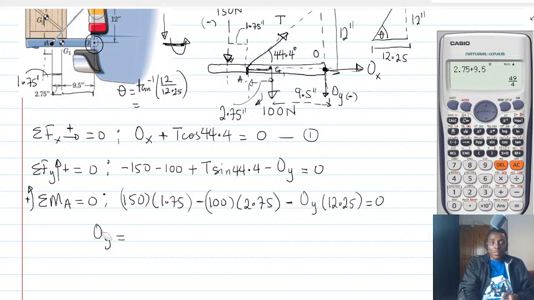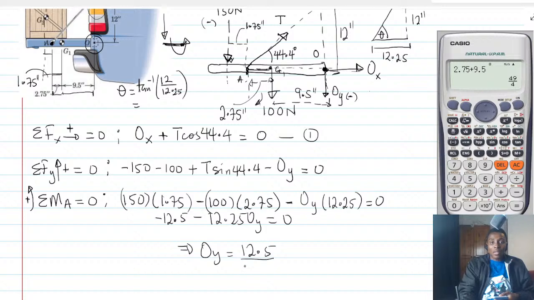Okay, let me do it this way. Let me take my time. So 150 multiplied by 1.75 minus 100 multiplied by 2.75 gave us minus 12.5. And now we are saying that minus 12.25 OY is 0. Is that right? So therefore OY is going to be 12.5, which means we are sending it here.